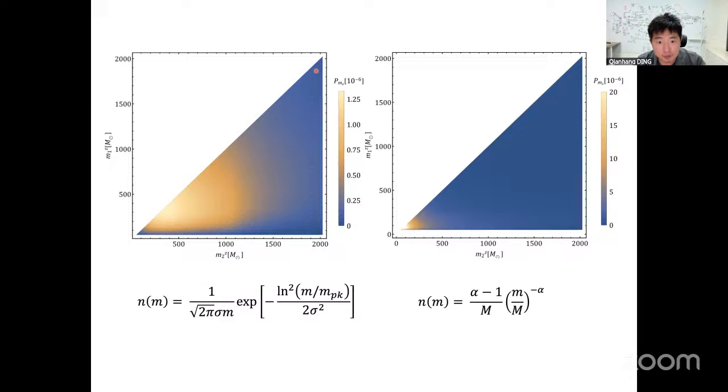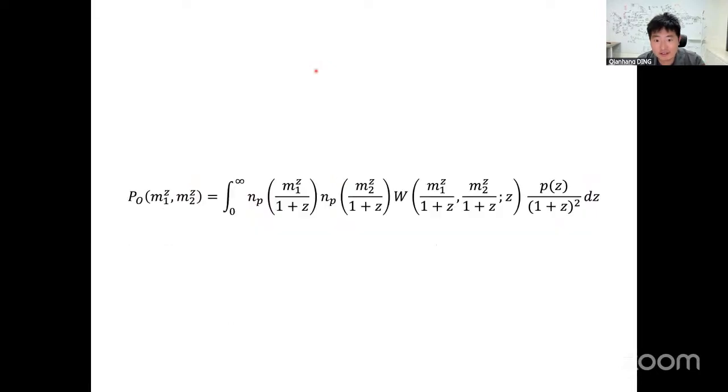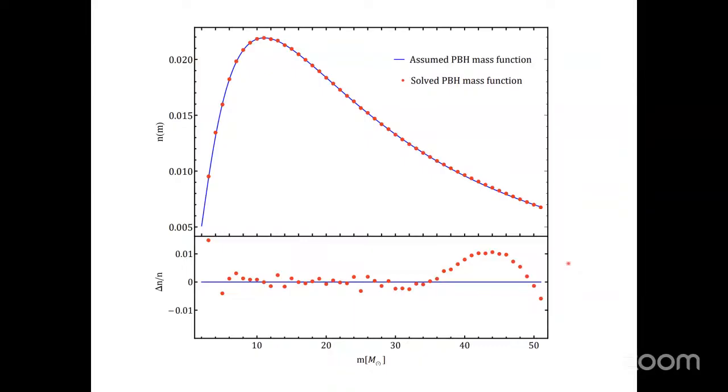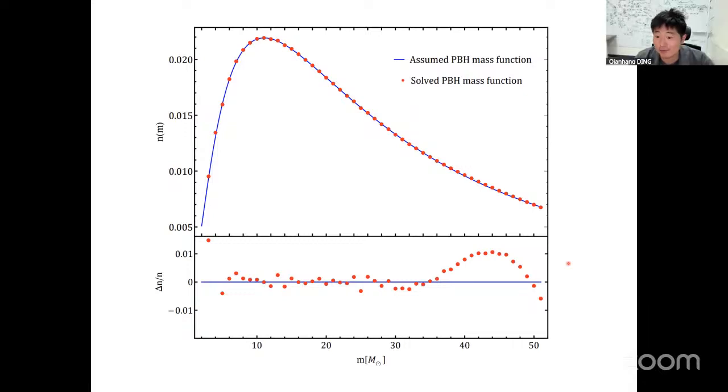Such a very low probability will cause a very weak constraint from the probability distribution on this very heavy, massive PBH. However, for the tens of solar mass PBH, there is a very broad redshift distribution to constrain it, so the error is not very large. But for very massive PBH, the constraint is weak, so the error is a little large. Okay, I understand. Thank you for your question. This is actually a very important problem when I calculate it in numerical work.